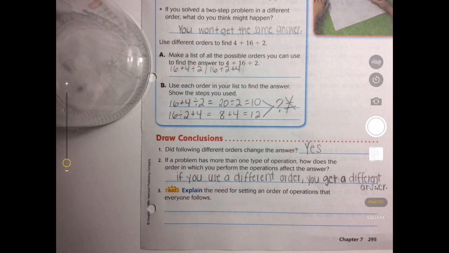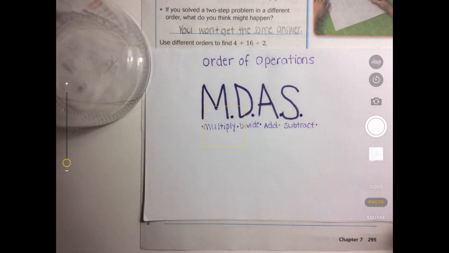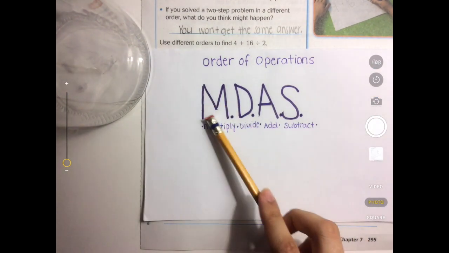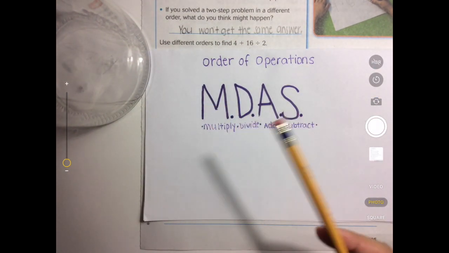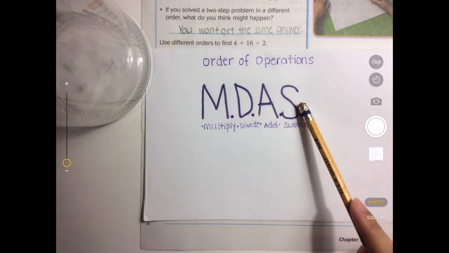All right, and that brings me to this little trick that I want to teach you guys. Now, this right here is going to be very important when learning order of operations. I want you guys to memorize this acronym right here. MDAS, M-D-A-S.